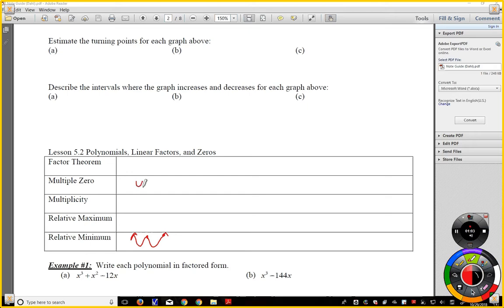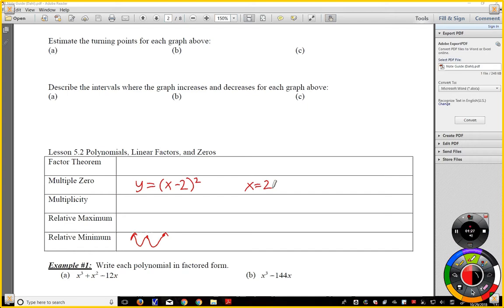For example, remember in quadratics, when we factor them, we expect them to pass the x-axis twice. But think about this quadratic here. How many times does this quadratic hit the x-axis? Once, okay? So it only has 1 zero at x equals 2.